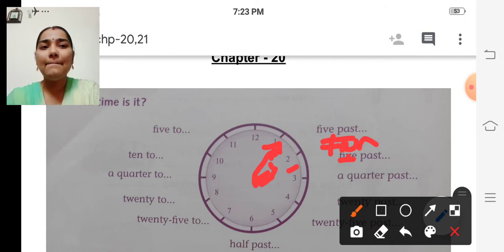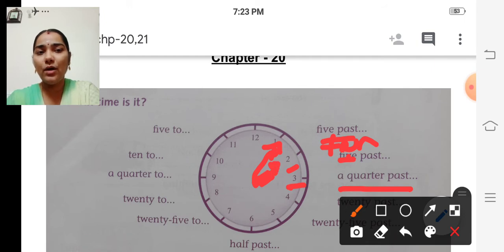Then if the minute hand passes this 3, then we'll say a quarter past 2. If the hour hand is at 2, then we'll say a quarter past 2.